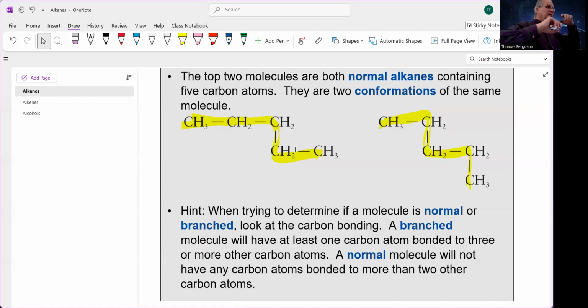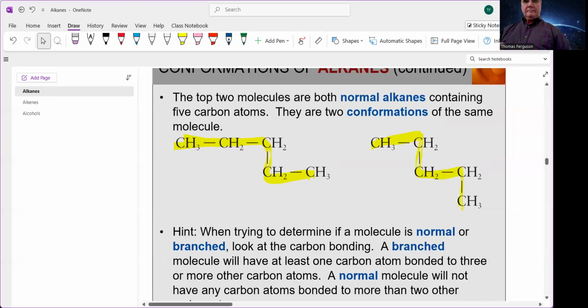So we can twist the one on the left to be equal to the one on the right. It's got the same number of carbons. It's got the same backbone. So it's the same molecule. They're also called normal because they're non-branched. Remember, there's normal and branched. Normal is no branching. Branch means there are branches.